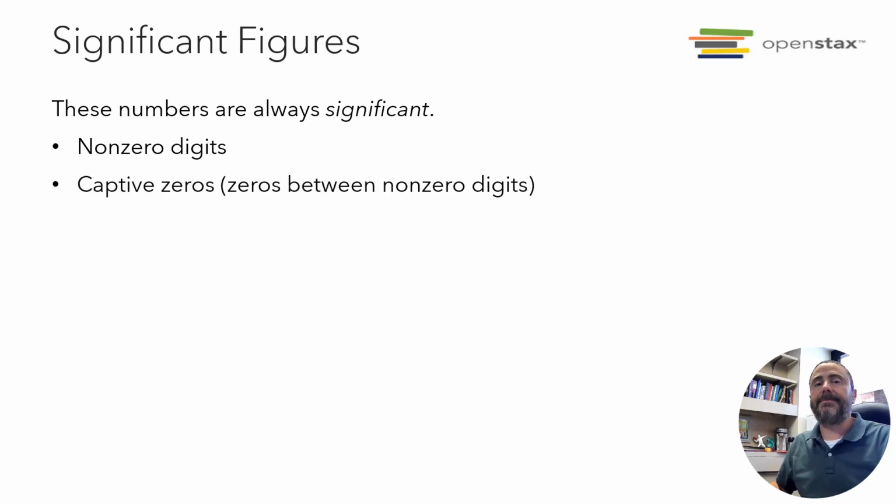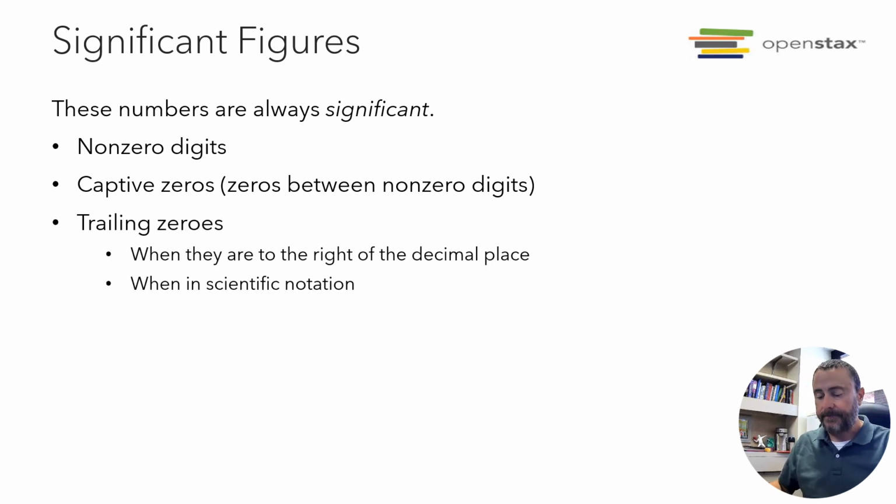Any of those captive zeros that are in between other non-zero values count as being significant as well. Any trailing zeros, if they are to the right of a decimal place, are going to be significant as well.